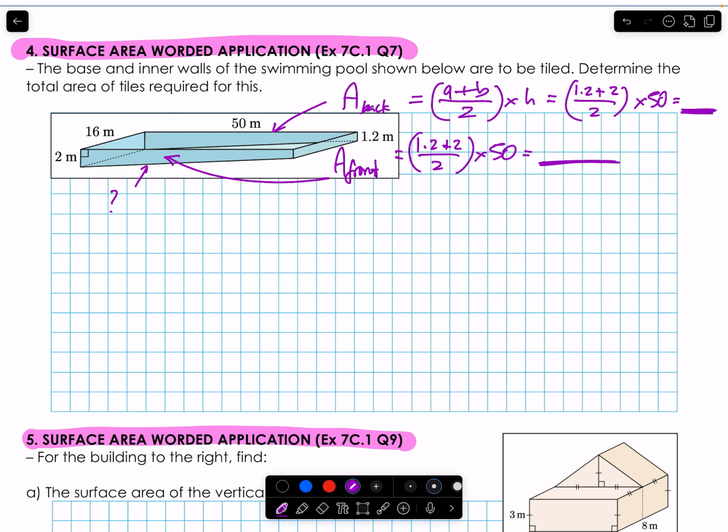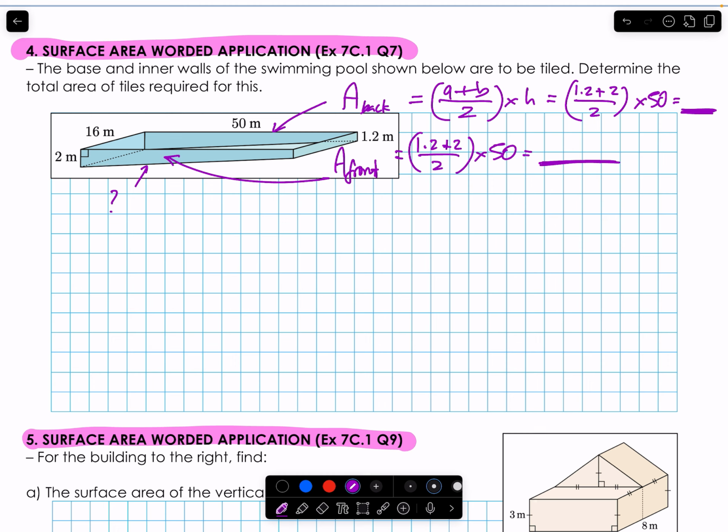So the triangle to take 1.2, 0.8 squared plus 50 squared, square root. The base and the inner walls of the swimming pool.